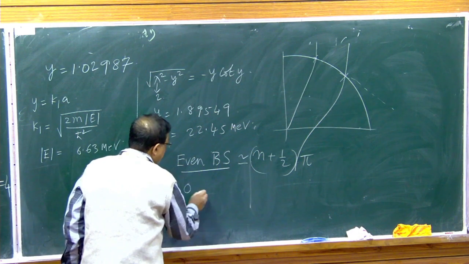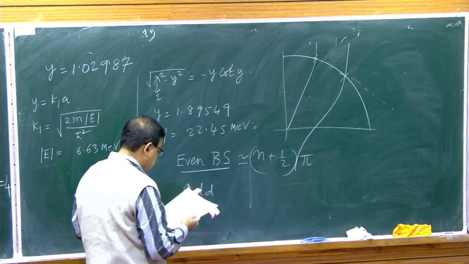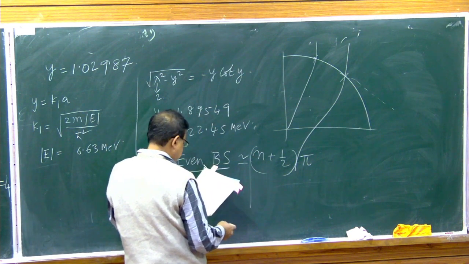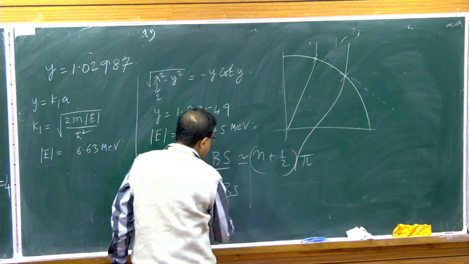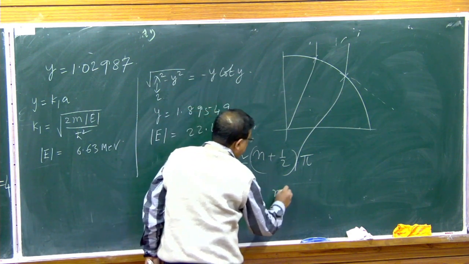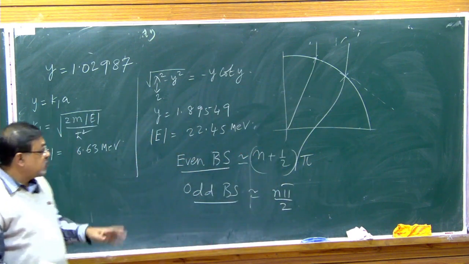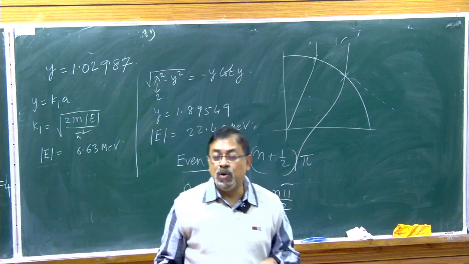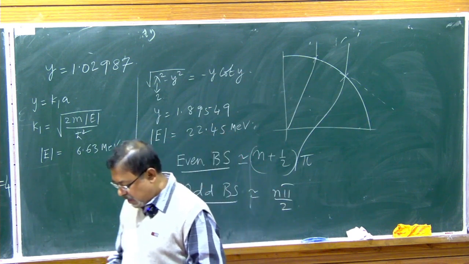And the odd bound states are one less, and this is like n pi over 2. The odd bound states are placed at n pi over 2, which is of course one less, because you saw that at very low depth there will be no formation of odd bound states, but even bound states will continue to be there.